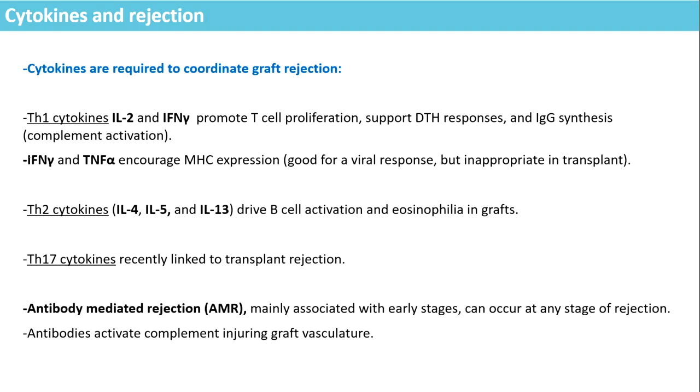And interferon gamma and TNF alpha also encourage MHC expression. Now, obviously, in a normal immune response, that's going to be particularly good if you have a viral infection. But it's not appropriate if we're having a transplant, but obviously the immune system was not geared to deal with transplants. It's not a normal situation. So, that's something we need to bear in mind.